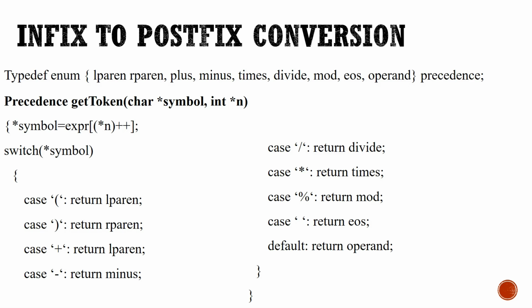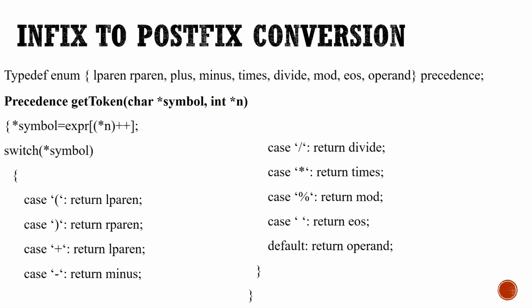Whenever I get the open parenthesis, let us take the first line over here. We read the expression and take the nth value of the expression. In the first case, if it is A plus B star C, first A will be taken. Then we increment the value of n. Depending on that, there are different options.